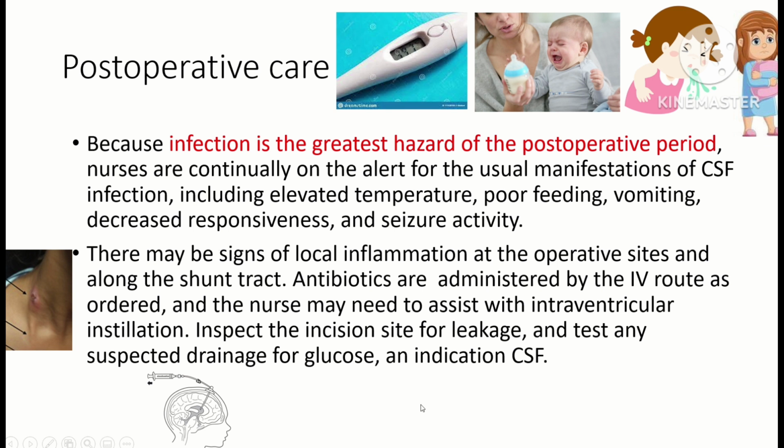There may be signs of local inflammation at the operative site and along the shunt tract. Antibiotics are administered by the IV route as ordered, and the nurse may need to assist with intraventricular instillations, inspect the incision site for leakage, and test any suspect drainage for glucose indicating CSF.